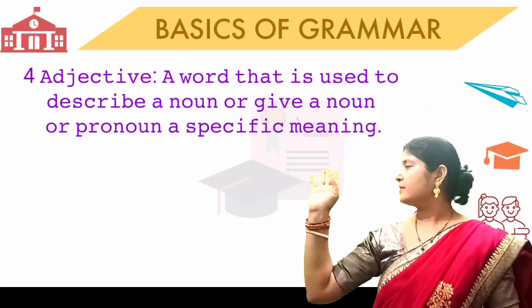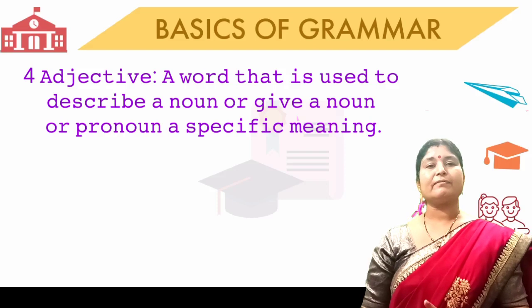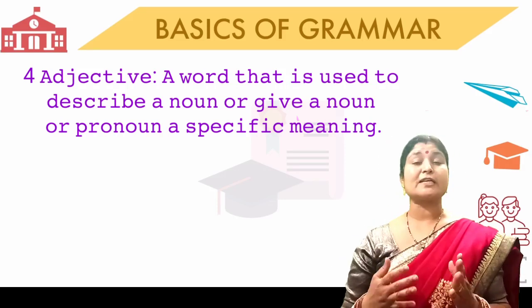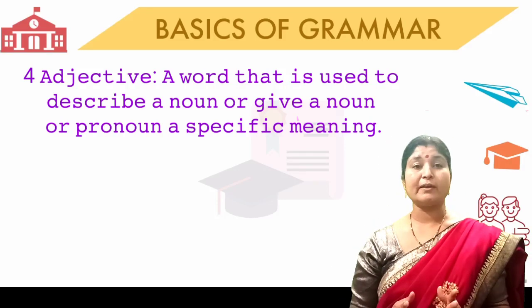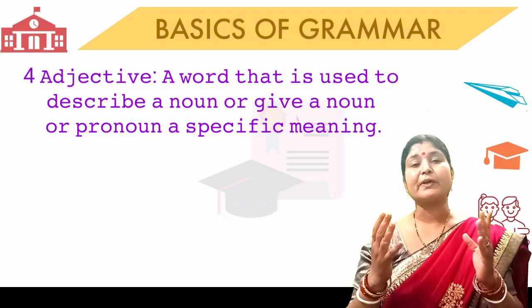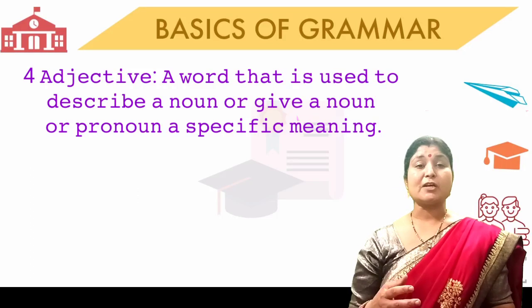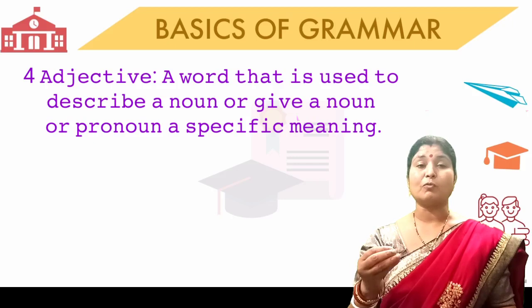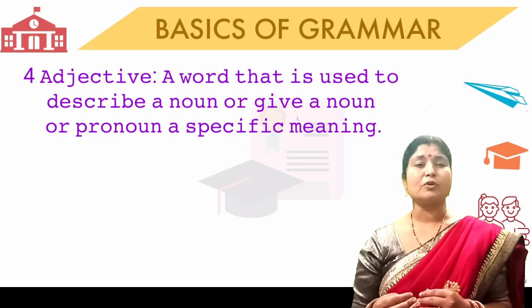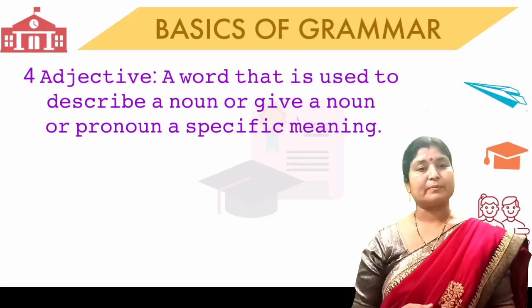Next, that is adjective. An adjective is a word that is used to describe a noun or give a noun or pronoun a specific meaning. The process of an adjective describing a word is modifying it to become more descriptive.